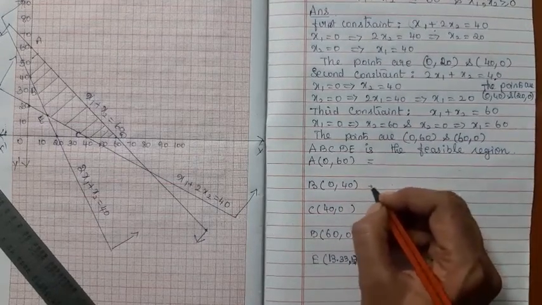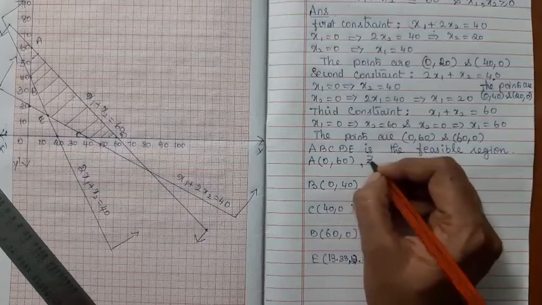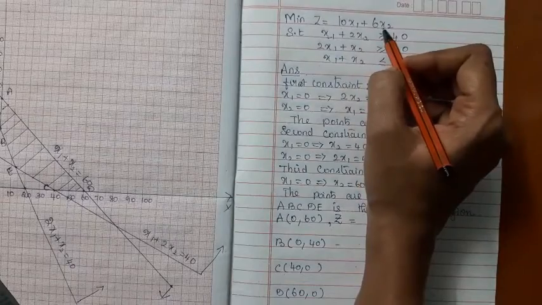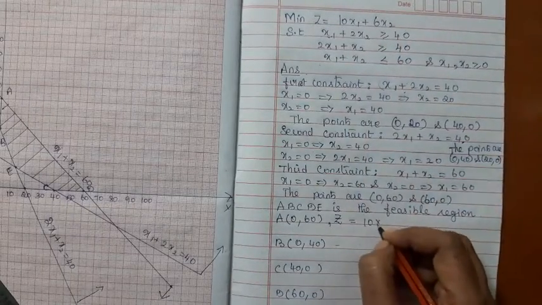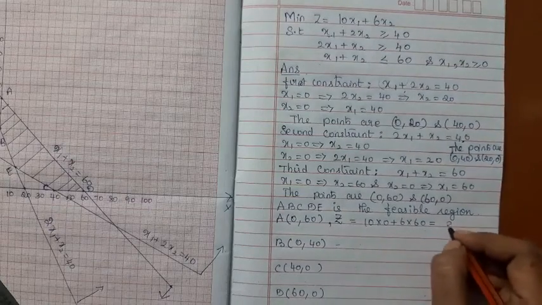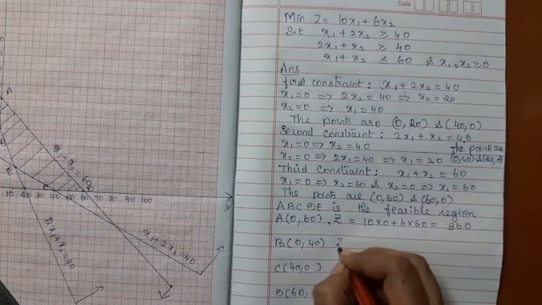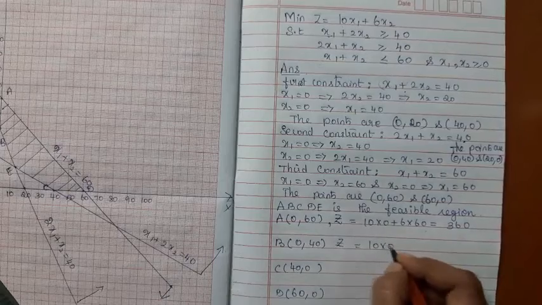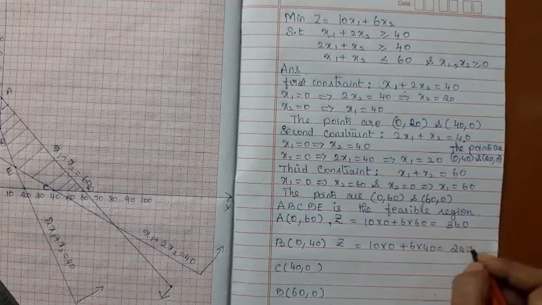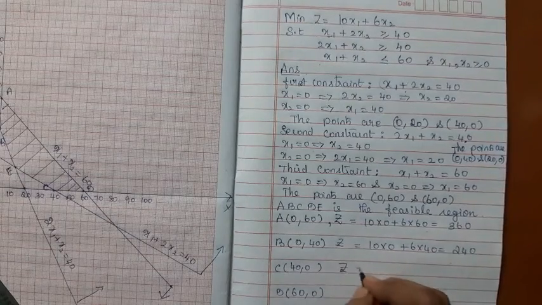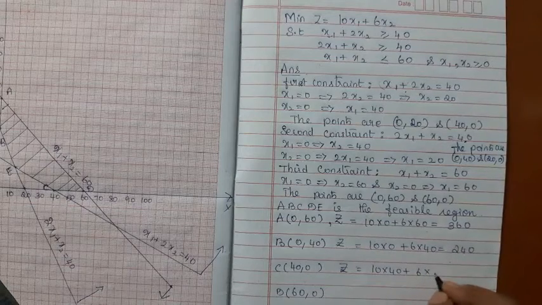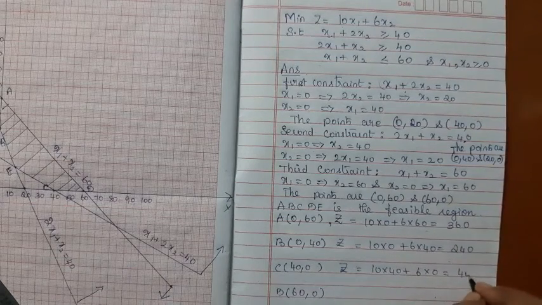Now let us calculate the value of Z at all these points. Z is equal to, the question says, 10x1 plus 6x2. At A: 10 into 0 plus 6 into 60, it is 360. At B: 10 into 0 plus 6 into 40, it is 240. At C: 10 into 40 plus 6 into 0, it is 400.